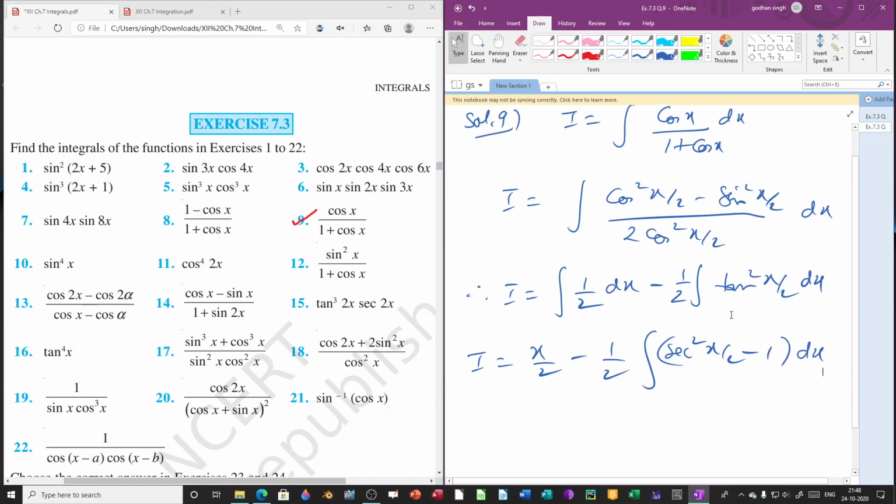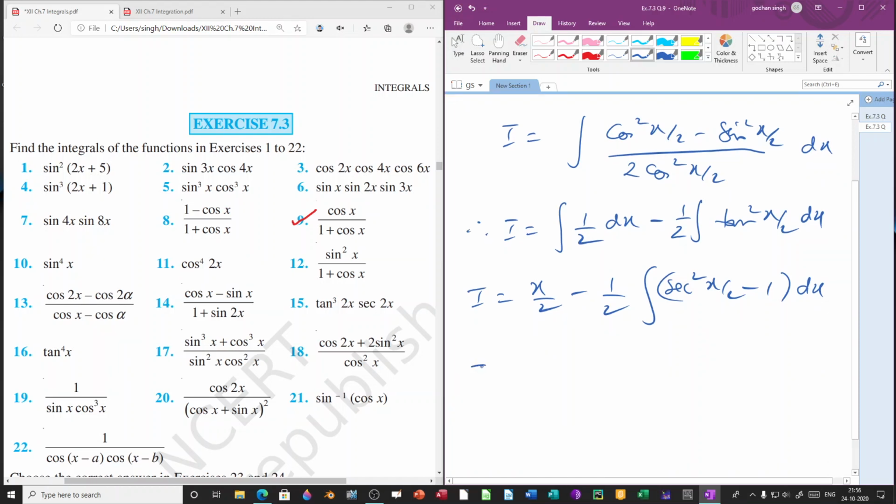So this will give us, therefore I equal to x by 2 minus half. Now integration of sec square x is, we know that is tan x, so here we will be getting tan x by 2, and derivative of x by 2 is 1 by 2, and this will become minus half into minus 1, that is plus half x plus c.